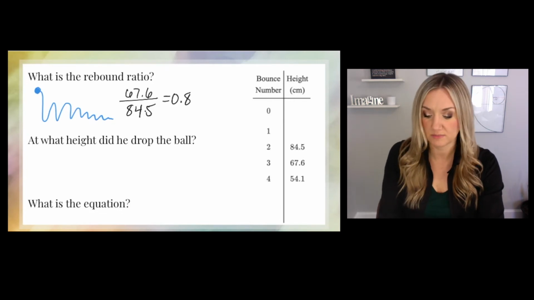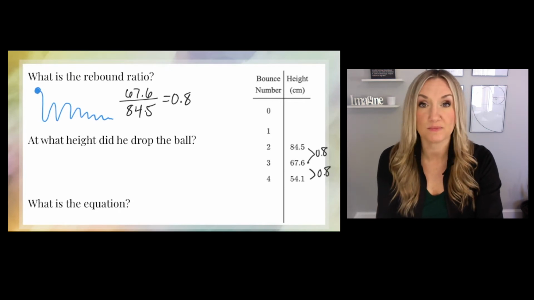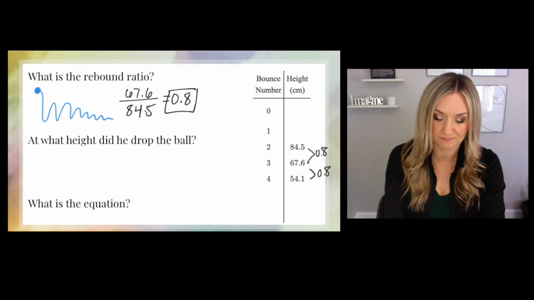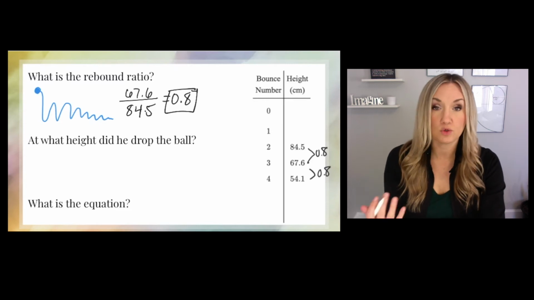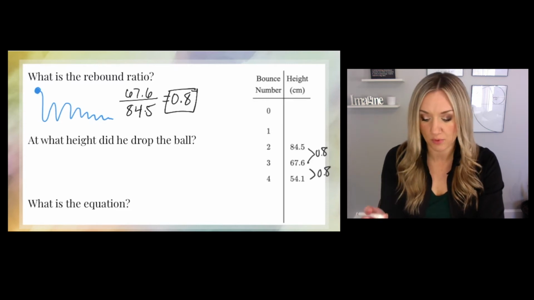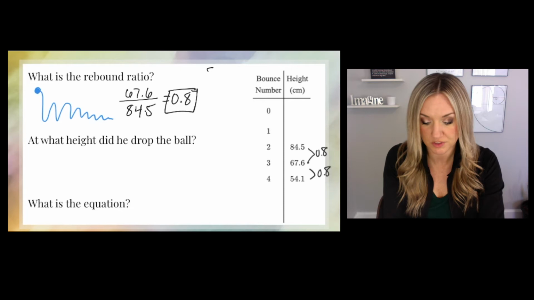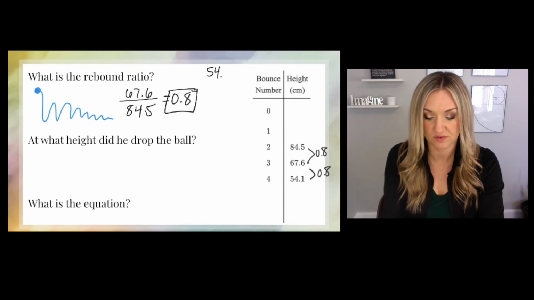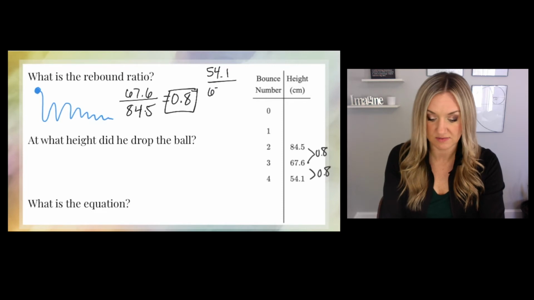And that is going to be the same each time. So our multiplier is going to be 0.8, and that is the rebound ratio, 0.8. You would find that you would also get about 0.8 if you were to also check all the numbers, at 54.1 divided by 67.6.